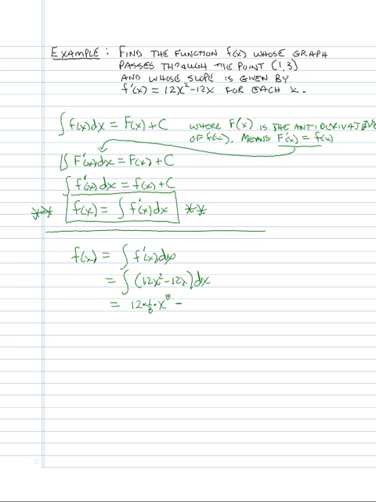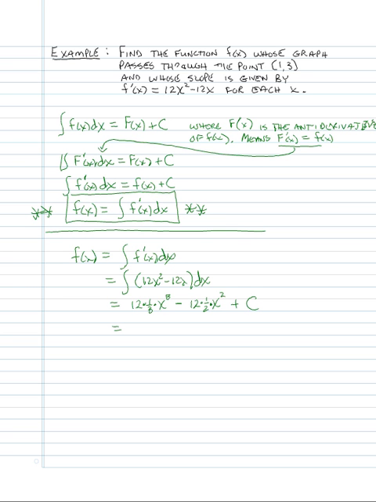And then here we have a minus, and we have our coefficient of 12, and we increase the power on x by 1, so 1 plus 1 is 2, but we have to offset that with the reciprocal of that new power. And then we have our constant of integration.